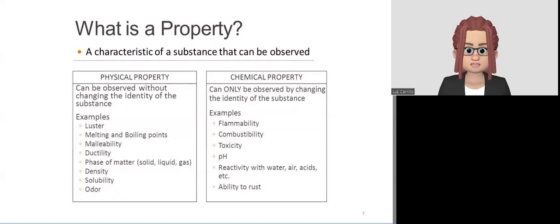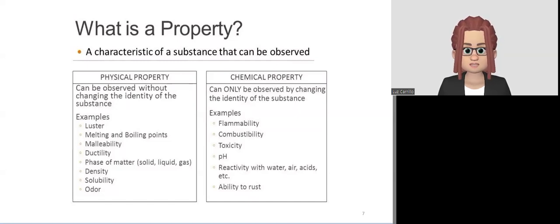Chemical properties, on the other hand, are going to be characteristics that can only be observed by changing the identity of the substance. Meaning that if a chemical property is described, understand that there's going to be, in a way, a chemical reaction that can occur on our original substance, and this chemical property is describing it.